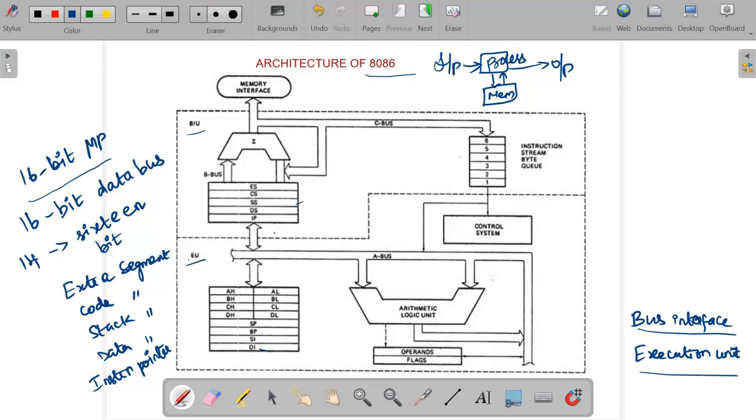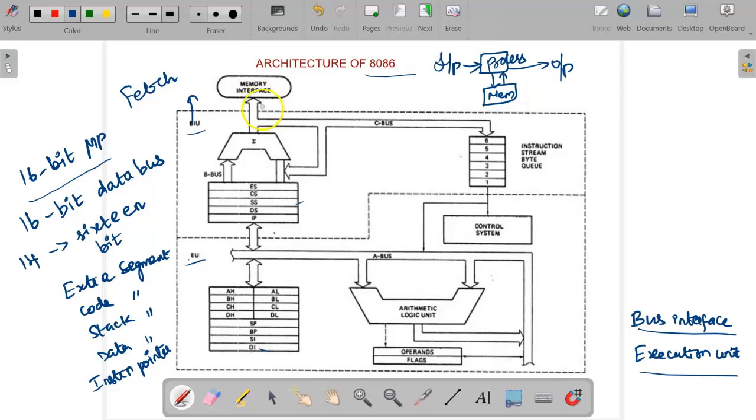So from the name itself, what will your bus interface unit do? The main purpose of the bus interface unit is to fetch the instruction from the memory. First it will fetch the instruction from the memory, and then it will transfer the instruction and store it in this instruction byte queue. This instruction byte queue is of 6 bytes, so totally 6 bytes of instruction it can store.